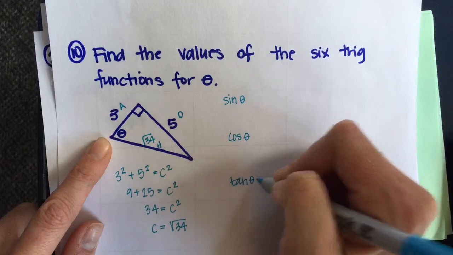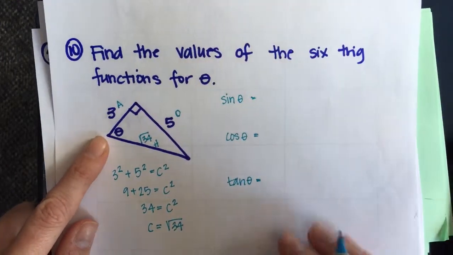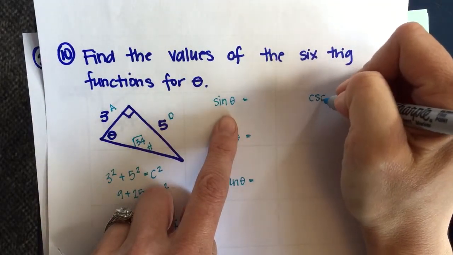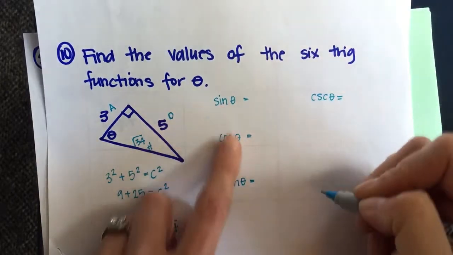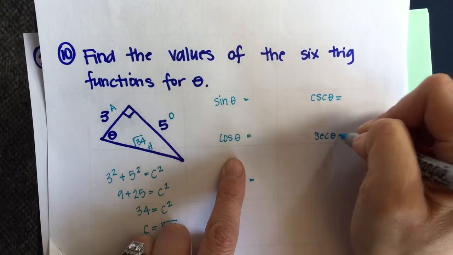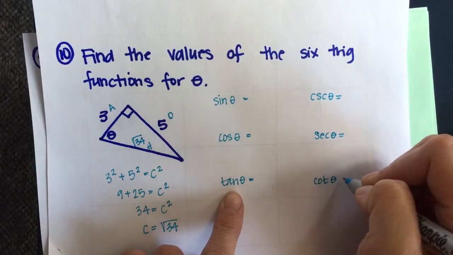And then I'm going to list the reciprocal functions next to them. It'll make it a little bit easier. The reciprocal of sine is cosecant theta. The reciprocal of cosine is secant of theta, and the reciprocal of tangent is cotangent.